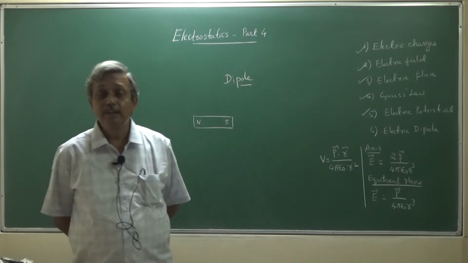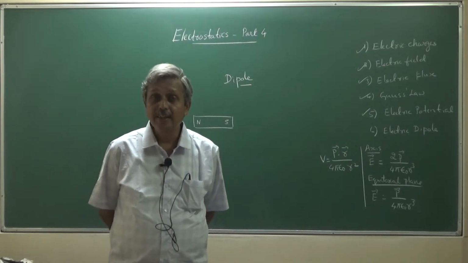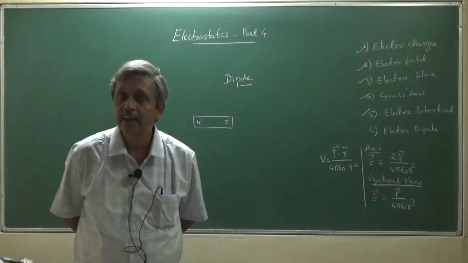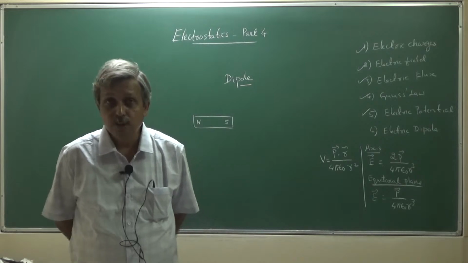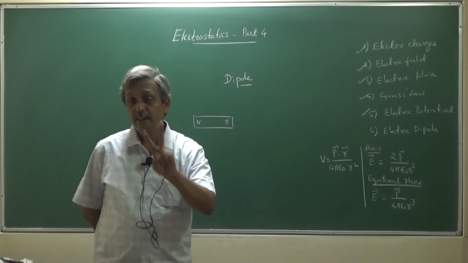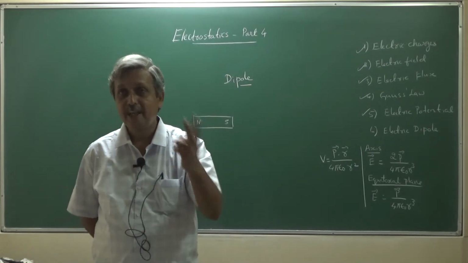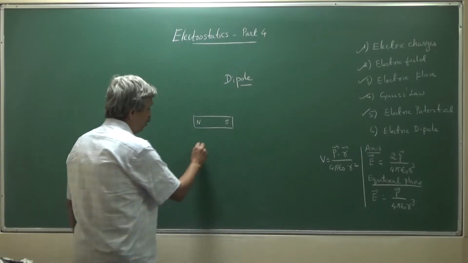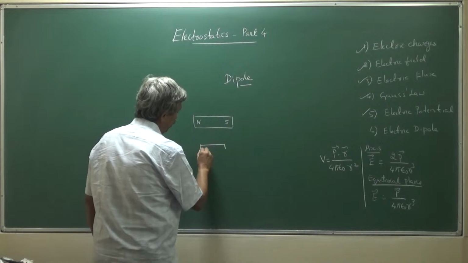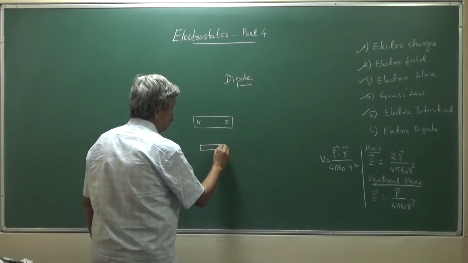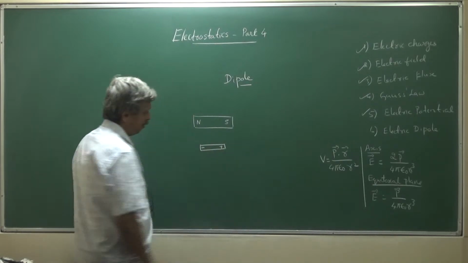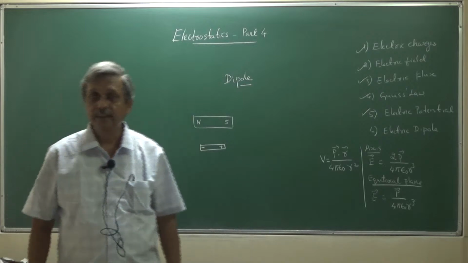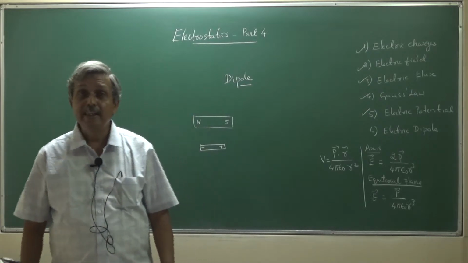Similarly, you can have an electric dipole. It has to have two poles which are opposite in nature, so attractive in nature. I will create a small piece here in which one side is plus and the other side is minus.